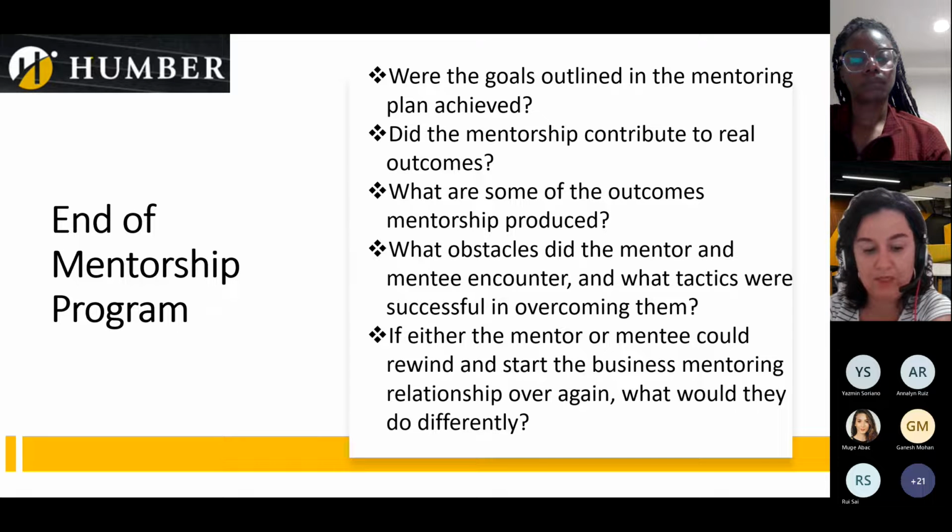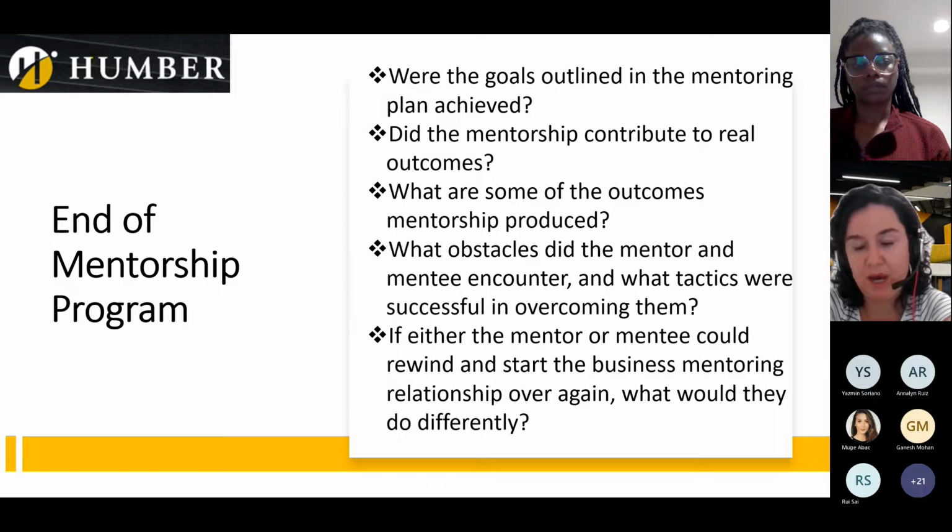It can be something like helping you in your co-op opportunities, or helping you with finding a job in a specific field, or introducing you to important people that may be hiring managers or recruiters. So if you really invest your time in this program, your mentor also will invest in you in many different ways. So I believe that your attitude is going to determine if that relationship can continue even after the program ends.